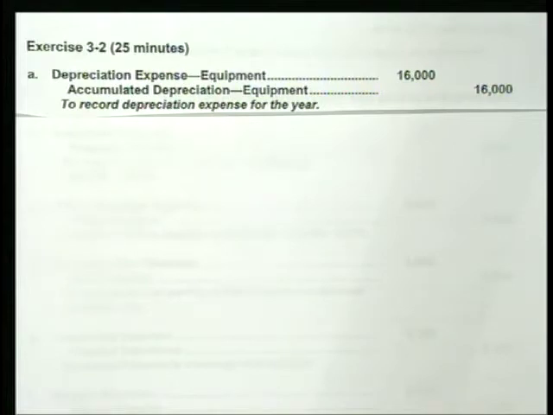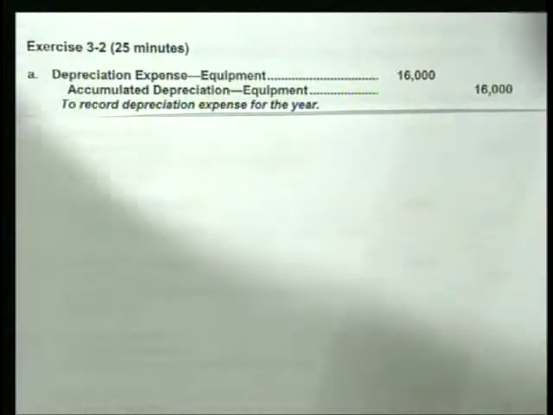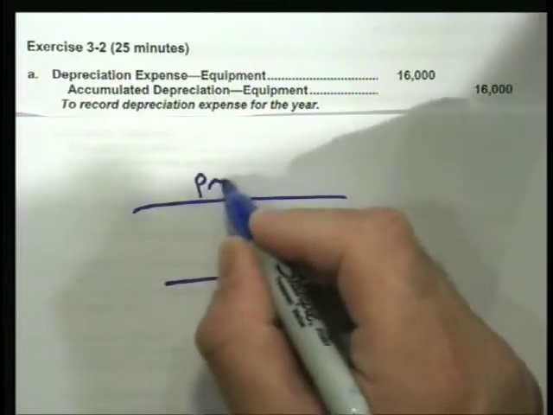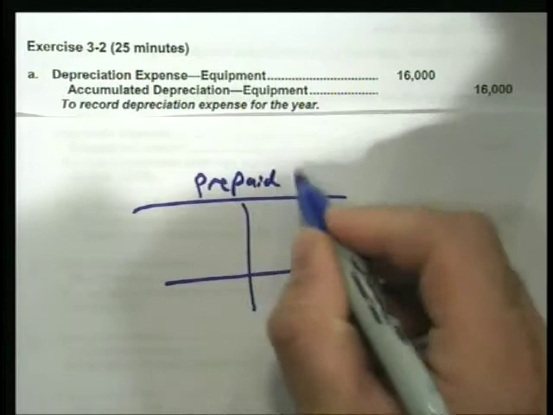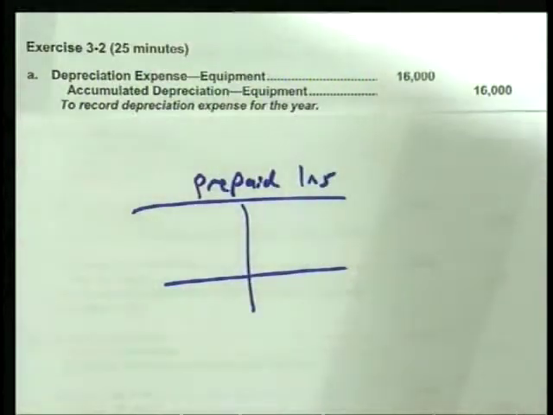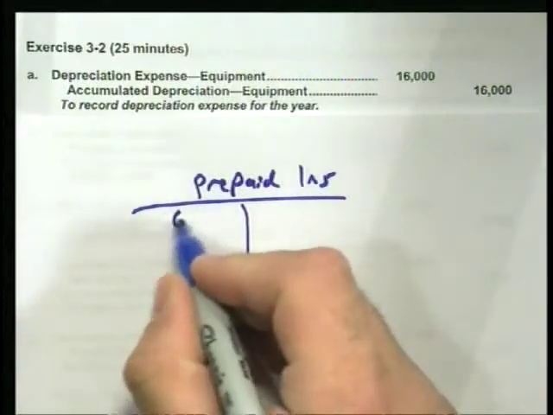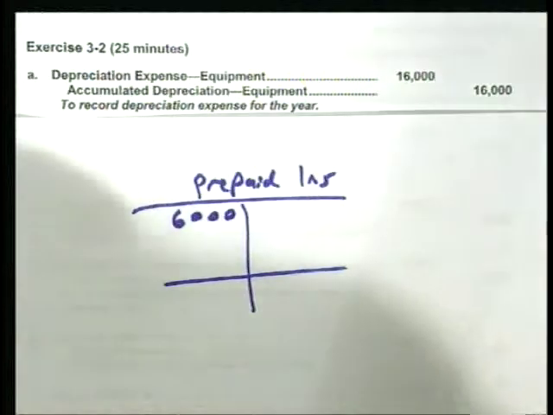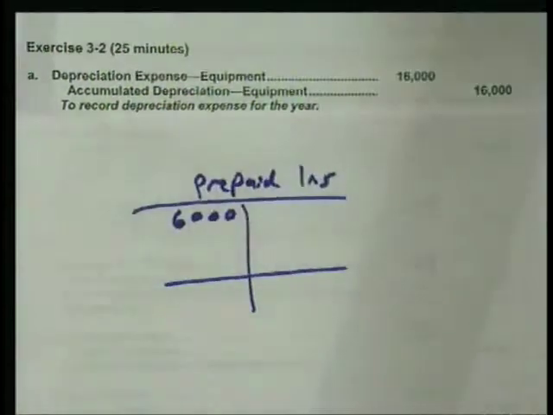Okay? So what we're talking about here is, it's currently showing a $6,000 balance in there. But we do a count as far as how much is really there, how much remains, and there's only 640.